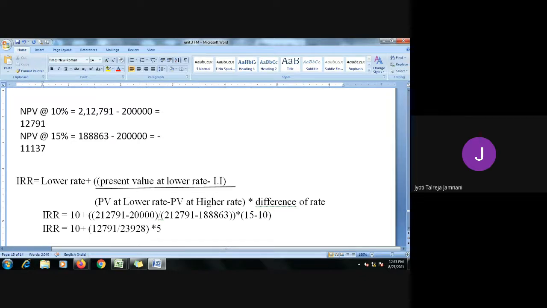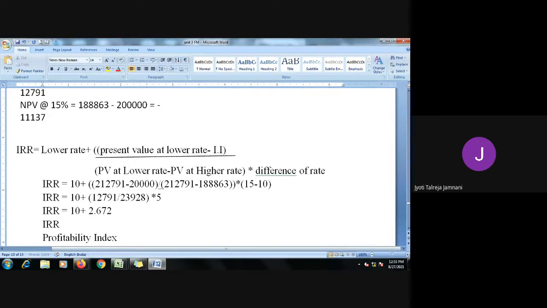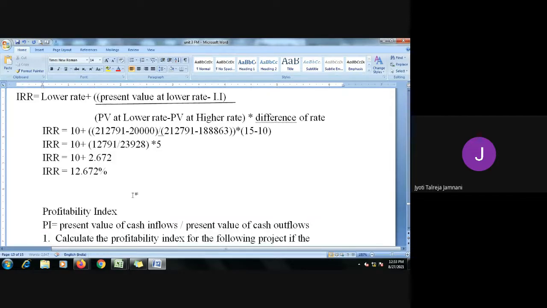So IRR will be equal to 12,791 divided by 23,928. If I do, I get 0.5345 recurring, into 5, I get 2.67. So IRR will be equal to 10 plus 2.672. So IRR is equal to 12.672%. In between 10 and 15% it lies, as I had told you.